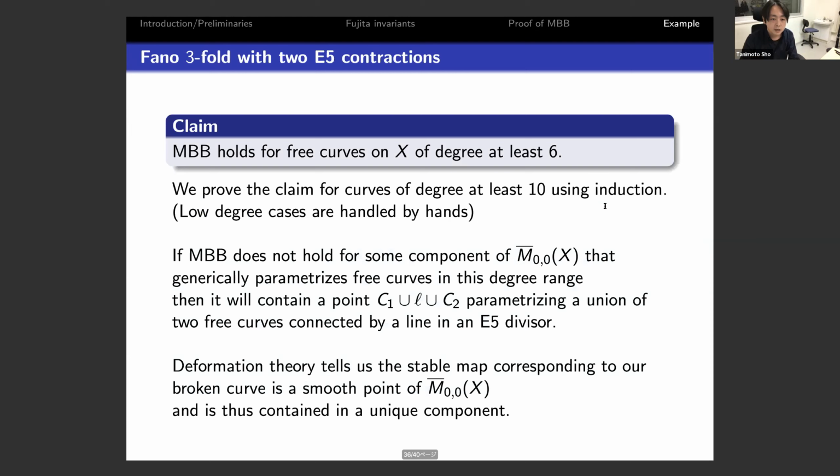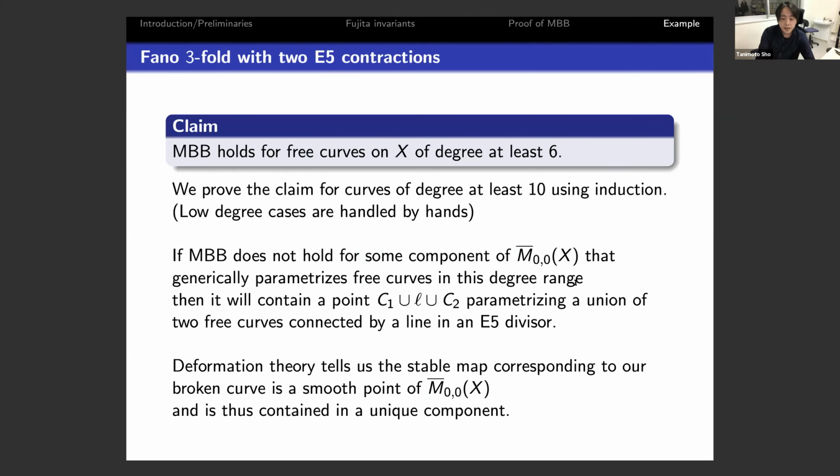Yeah. And now, okay, let me prove movable bend and break for X. So this holds for at least degree 6. We prove the claim for curves of degree at least 10 using induction. Low degree cases are handled by hand. Suppose MBB does not hold for some component that generically parameterizes free curves in this degree range.